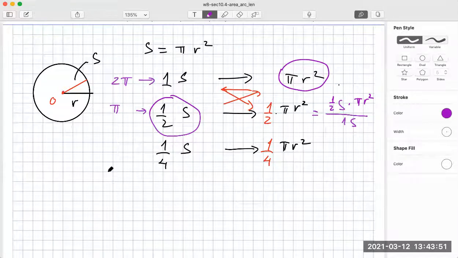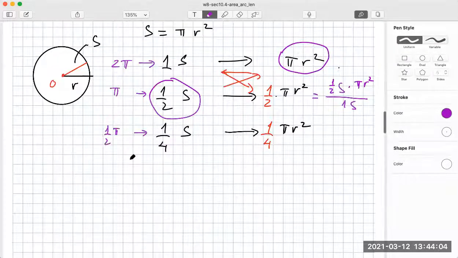And here, if 1/4, what is it? If we do this, we're also able to find the area of the corresponding areas.